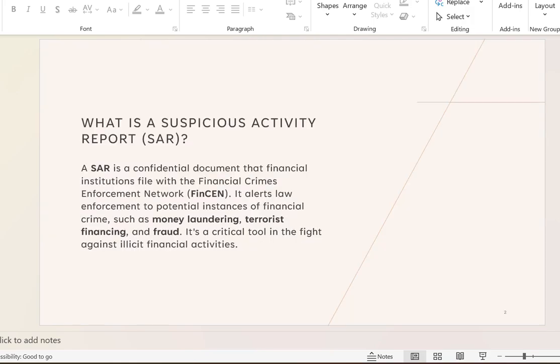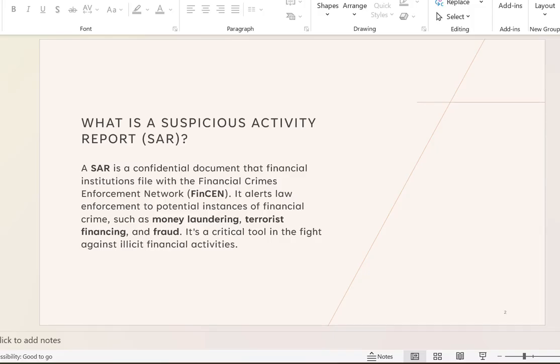So what is a suspicious activity report, which we also call the SAR report? A suspicious activity report is a confidential document prepared by a financial institution like a bank, insurance firm, or broking firm, to file with the Financial Crimes Enforcement Network, FinCEN, or the financial intelligence unit of that country.